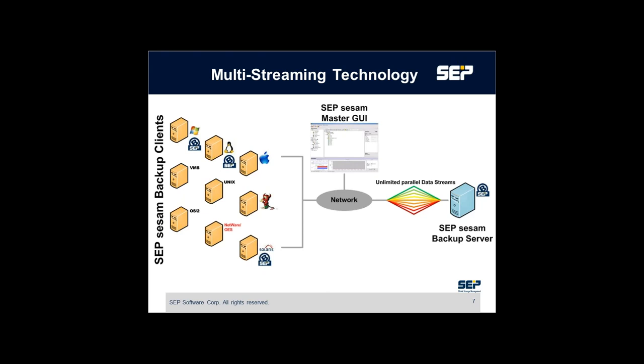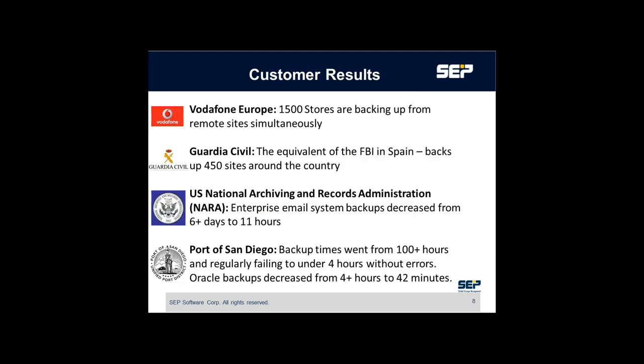We can schedule all those into groups and schedule those separately so that they all have their own data streams, which is going to basically maximize the backup performance and decrease your backup window, and that relates in the real world to a couple examples we have here.